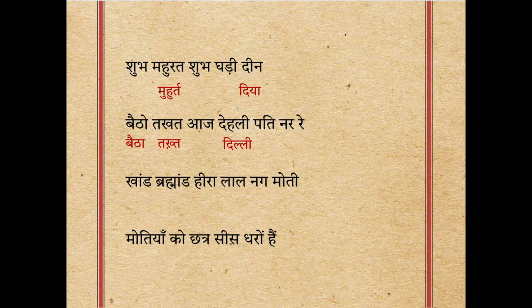In any case, the line, when we put it all together, means Baitho takhat aj Dehli pati nar re. He sat on the throne today. The pati, the lord of men, pati nar, if we take these two terms together, or Delhi pati, the king of Delhi.